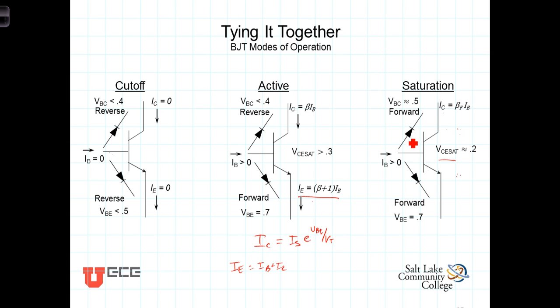Better yet, the ratio of the collector current to the base current, I sub C over I sub B, is much less than in the active region, and we can define that ratio as what we're going to refer to as the forced beta. The forced beta, or the ratio of the collector current to the base current in saturation, is significantly less than the ratio of the collector to the base currents in the active region.